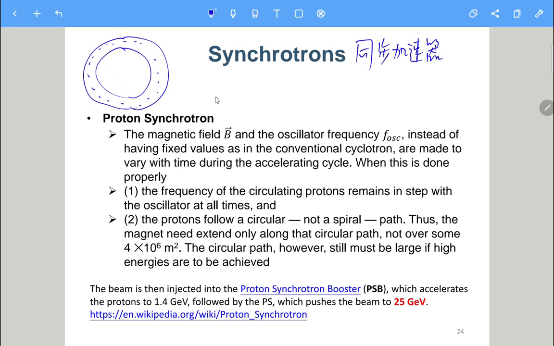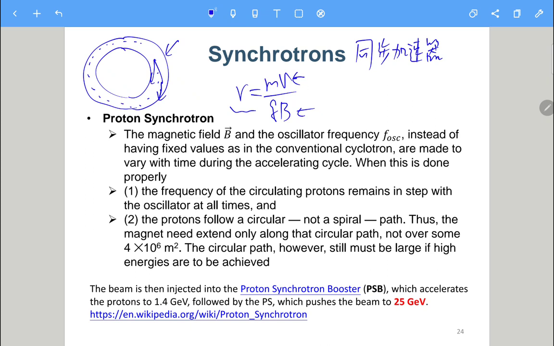Because you can imagine R equals mv over qB, here you need to keep R constant because you only have a ring here. So if v becomes larger, at the same time you need to increase the B field in the same proportion. Otherwise, R will change, and the electron will go this way hitting the wall, or going that way hitting the inner wall.